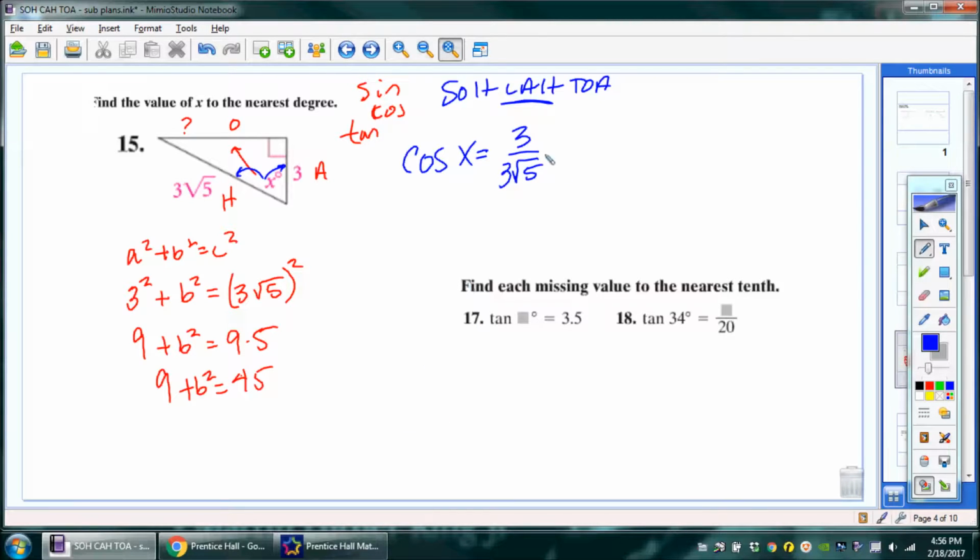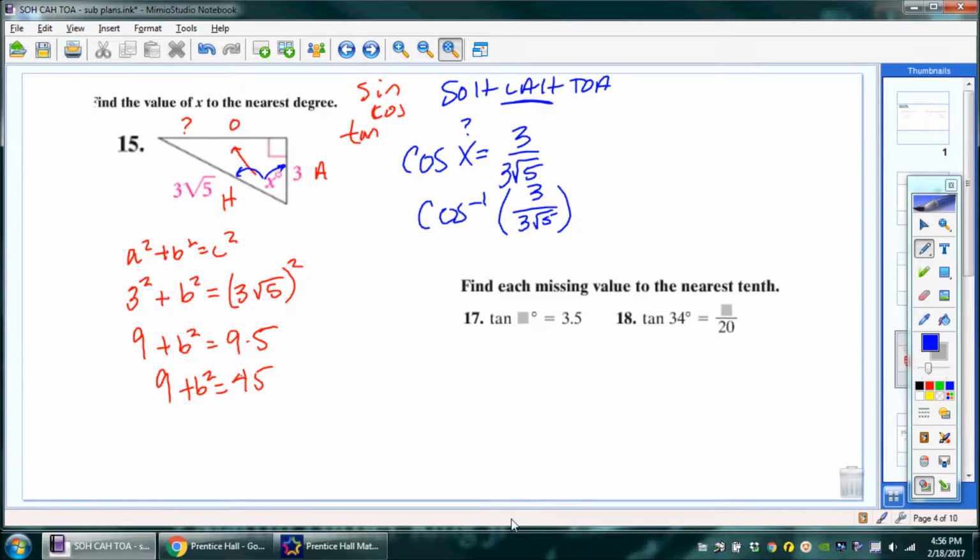You could multiply by the square root of 5 over the square root of 5 to get rid of that other denominator, but you're trying to find that degree, so you're going to use that inverse cosine of 3 divided by 3 times the square root of 5. I'm just going to leave it as is because I'm still going to get my answer.